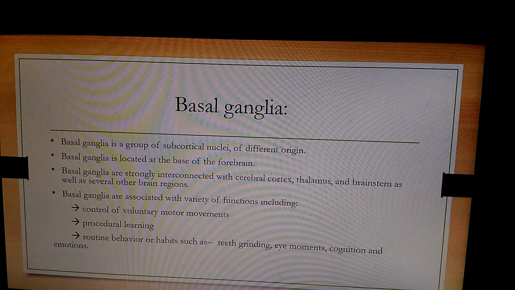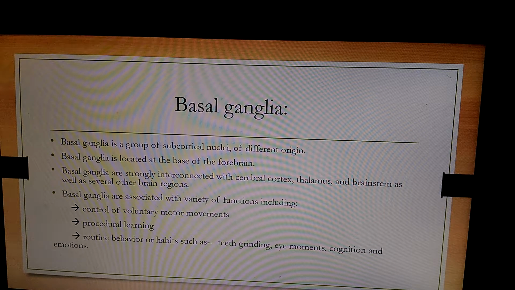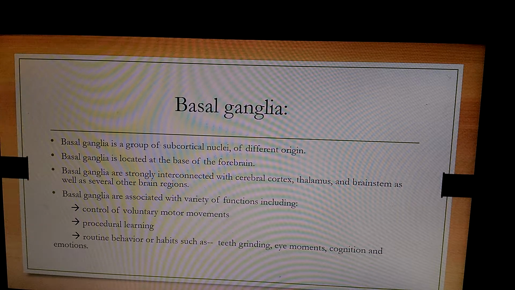Basal ganglia is a group of subcortical nuclei of different origin. Basal ganglia is located at the base of the forebrain. Basal ganglia are strongly interconnected with cerebral cortex, thalamus, and brain stem, as well as several other brain regions.